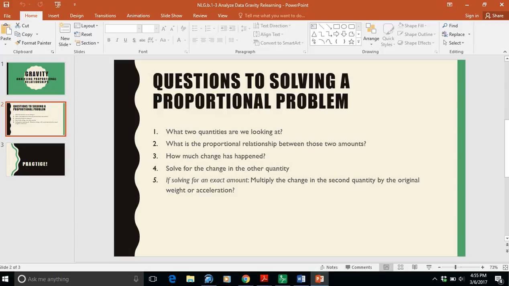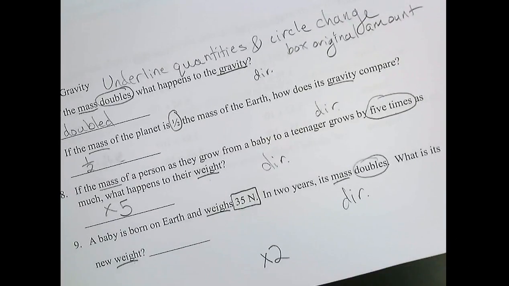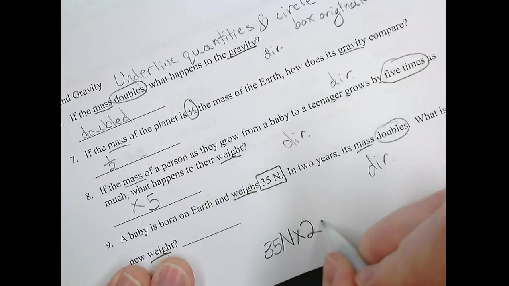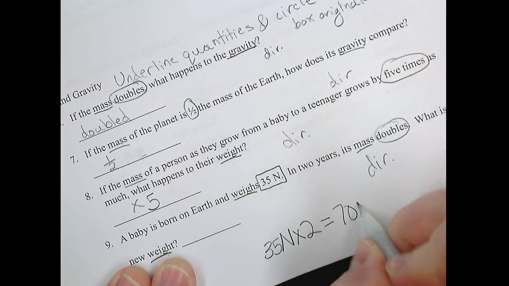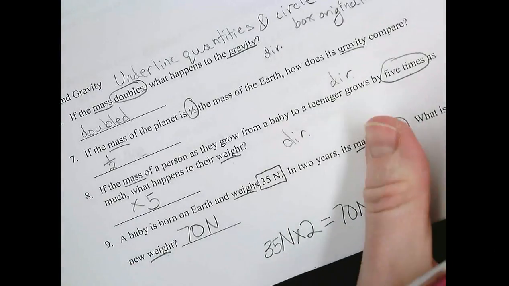So multiply the change in the second quantity by the original weight. So then we know that the weight has to have doubled. So we need to multiply 2, or doubling, by the original. So we're going to multiply 35 newtons times 2, which equals 70 newtons. All right. Let's flip to the back.